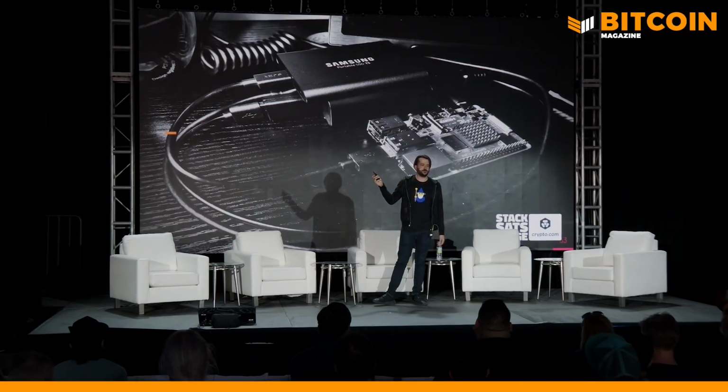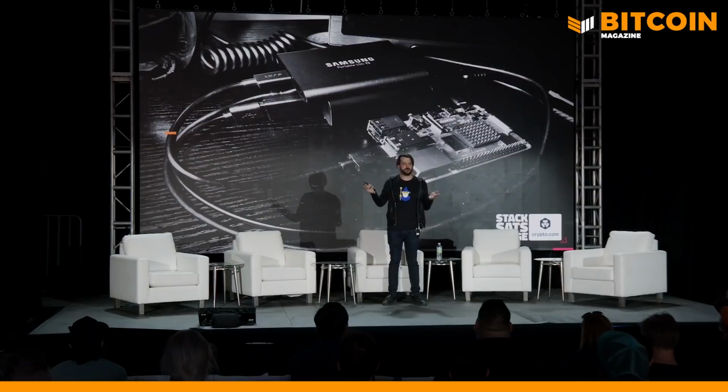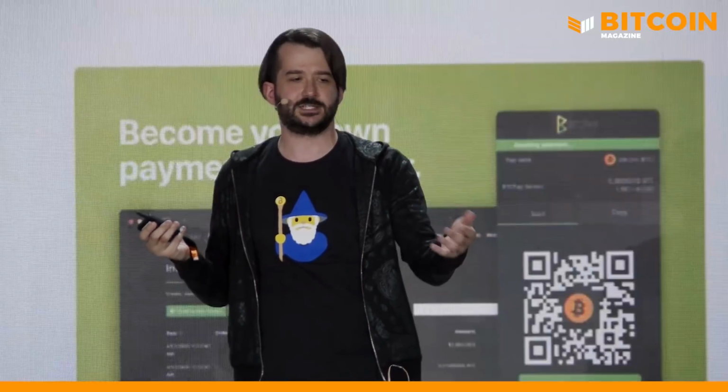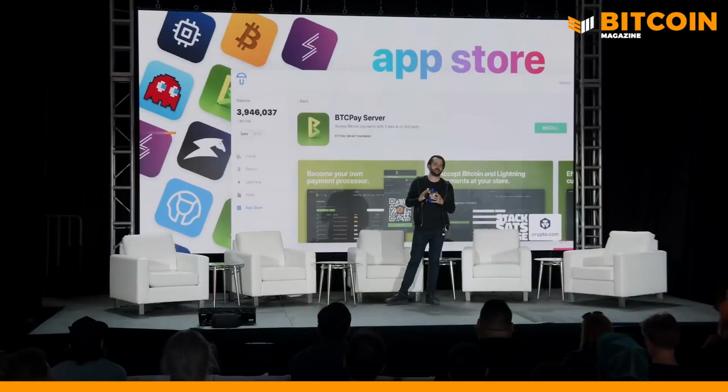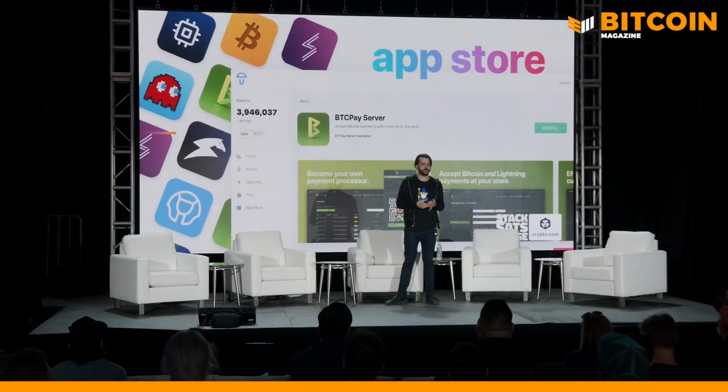So if you have a Raspberry Pi full node at home, this is a great way to use the Bitcoin full stack. There's this really cool operating system now called Umbrel that actually has a self-sovereign Bitcoin app store. You can install BTCPay, you can install mempool.